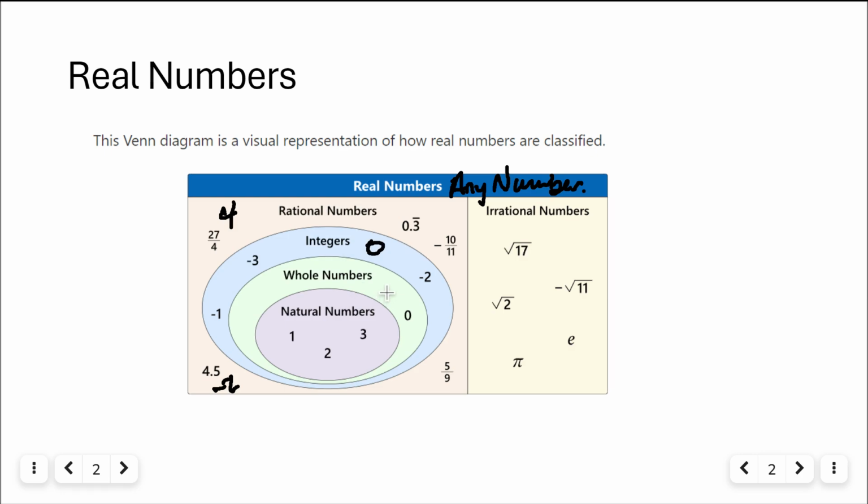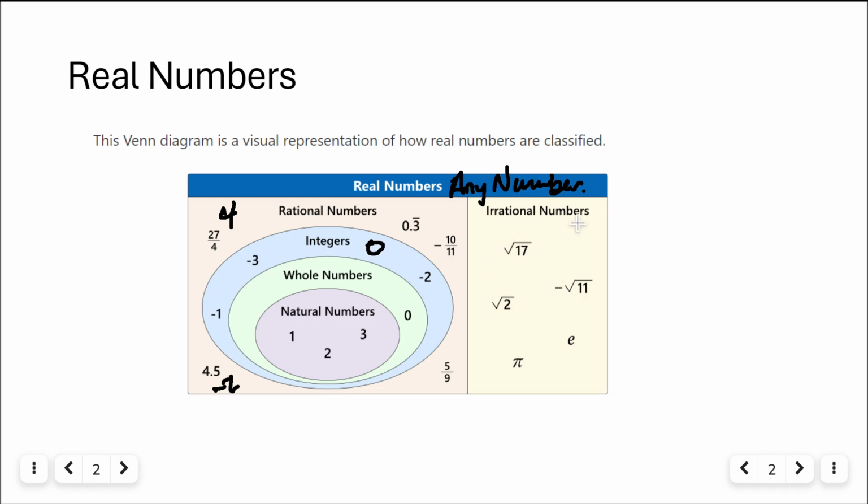Whole numbers include 0, and then the whole numbers 1, 2, 3, 4, 5. And then underneath that, we have the natural numbers, or the counting numbers. They're the first numbers that you learned when you were a kid. You didn't start with 0 when you were a kid. You started with 1, right? So those are your counting numbers, or natural numbers, we call those.